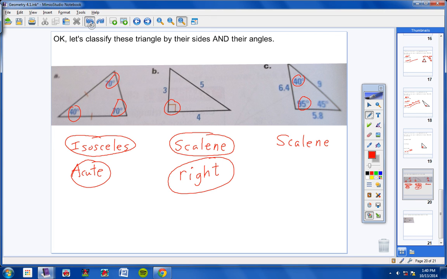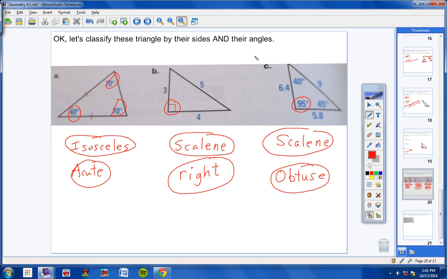But notice one of them is larger than 90. 95 is larger than 90. So we have one obtuse angle, thus we have an obtuse triangle. Okay, so we call this a scalene obtuse triangle. Okay, so what we did here is we classified these by their sides and by their angles, okay?